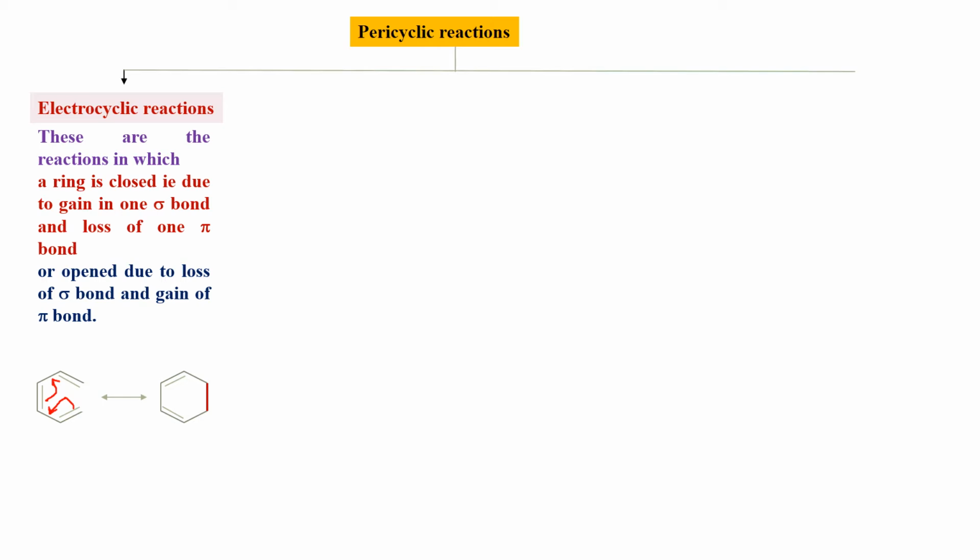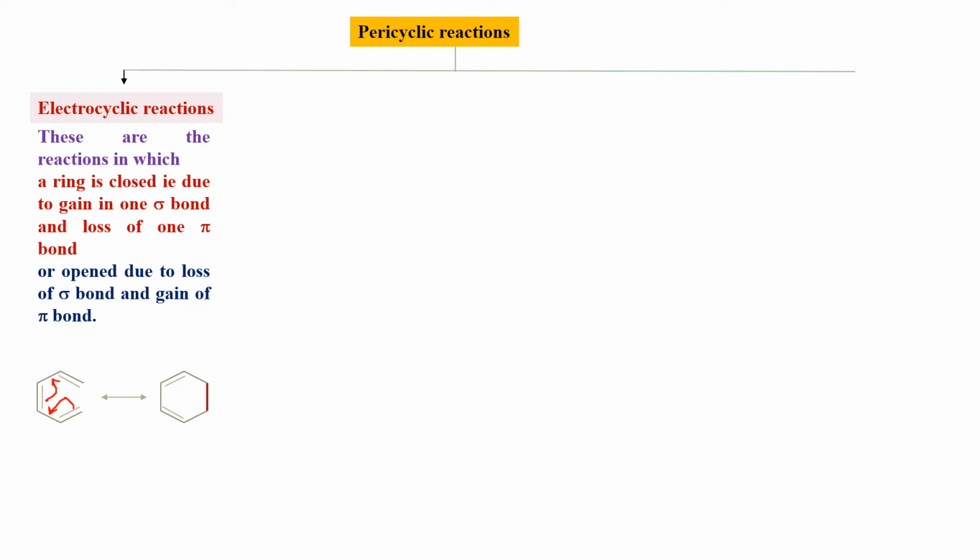So the bond between C1 and C2 carbon atoms is shifted between C2 and C3. Because of this shifting, the bond present between C3 and C4 will be shifted between C4 and C5. So this is the shifting of pi electrons, pi bonds, not sigma bonds. Now we come to the point.